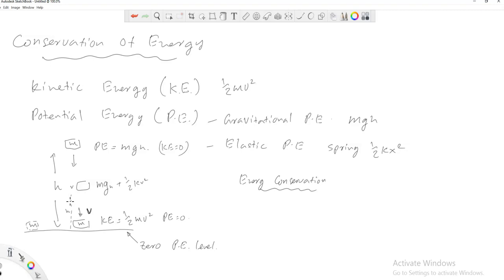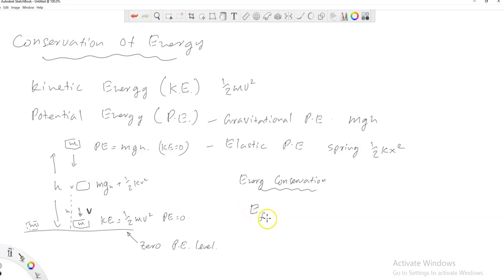But if we disregard all that, if we consider an ideal situation, energy at any given point is going to be a constant. Means your starting energy, whatever you had at the very top, is the same at the very bottom or anywhere in between.